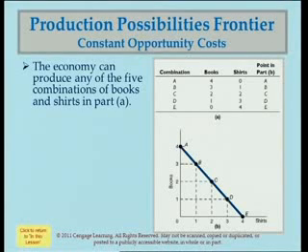So if we look at the combinations there, A, 4 books and 0 thirds, combination B, 3 books and 1 third, combination C, 2 books and 2 thirds, D, 1 book and 3 thirds, and E, 0 and 4 thirds. So these are possible combinations.